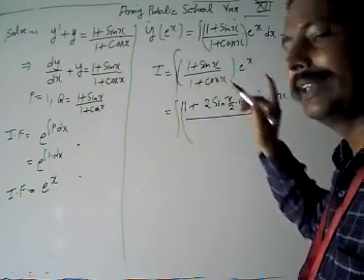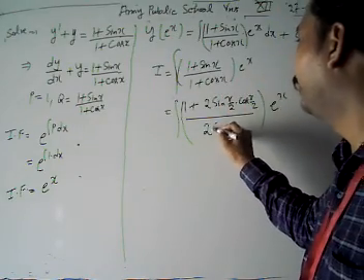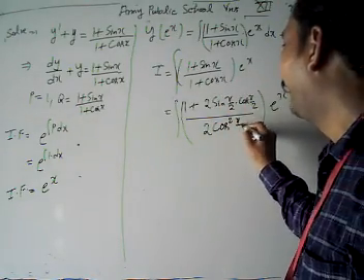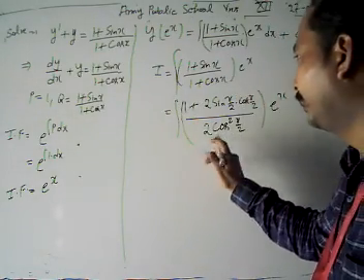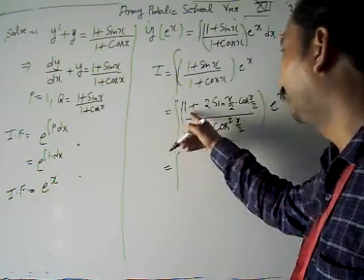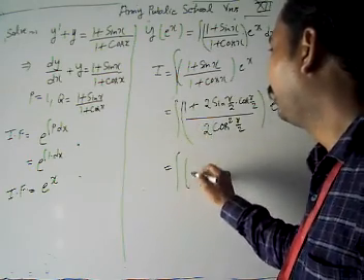Then minus 1 plus 1 cancel out, and in the denominator we have only 2cos²(x/2). We are going to write it down separately. Then it is the integration of what?